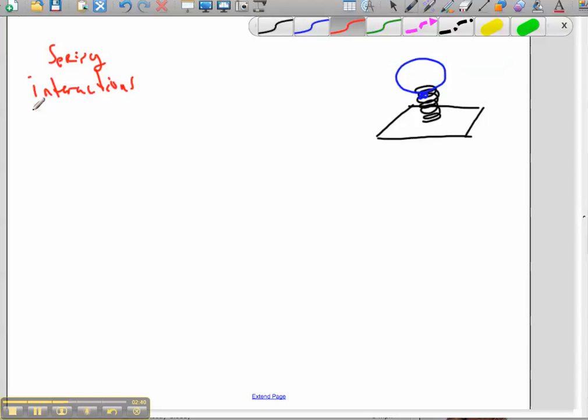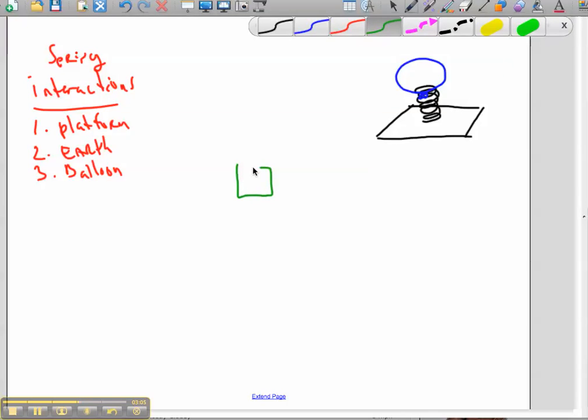Alright, so first we have the platform. We also have the earth, and we have the balloon. Those are the three things that are interacting with the spring. And so now what I'm going to do is draw a free body diagram of the spring.